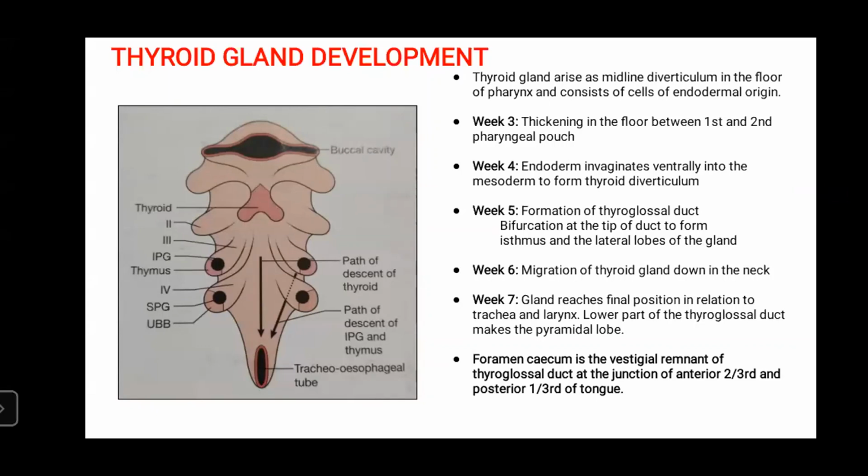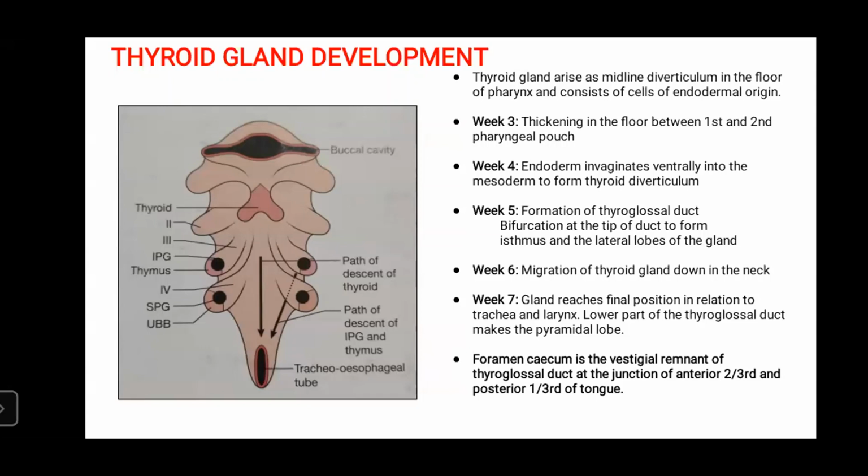By week 5, there is formation of the thyroglossal duct, which bifurcates at the tip and forms the thyroid lobes, lateral lobes, and the isthmus. By week 6, the thyroid gland migrates down in the neck in relation to the trachea and larynx. By week 7, the gland reaches its final position.